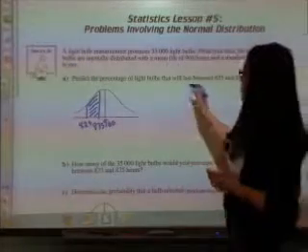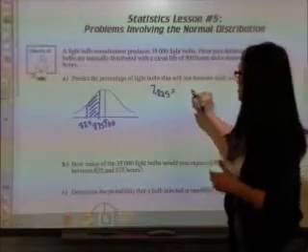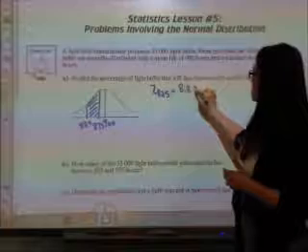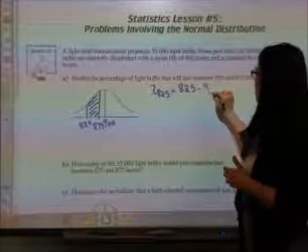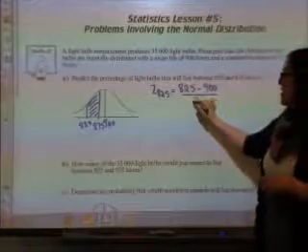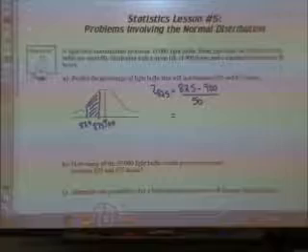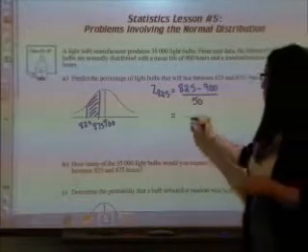to z-scores. So if I do 825, the z-score for 825 is x, which is 825, minus the average, which was 900, divided by the standard deviation. If I do that, for an answer, I get negative 1.5.